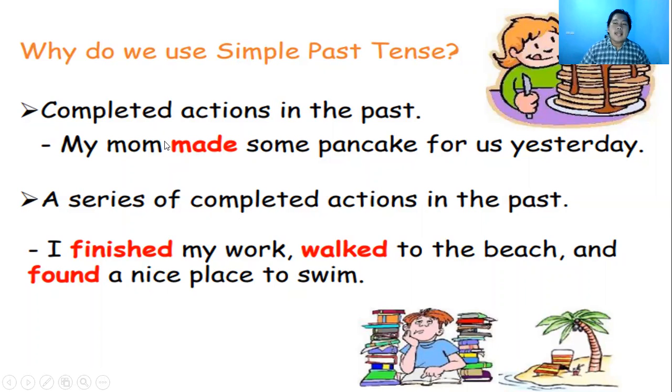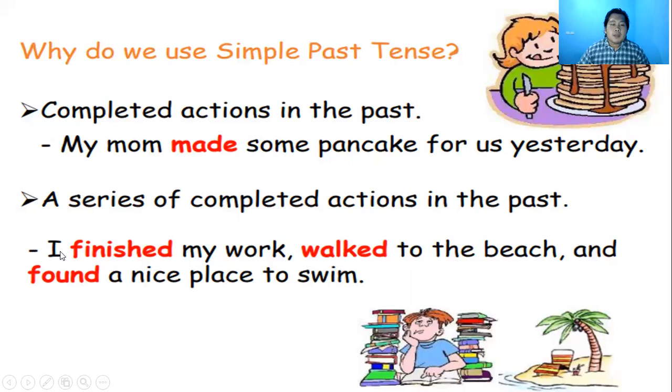Okay. Next is a series of completed actions in the past. So it is not just one verb in a sentence, but we can also use several verbs in the sentence, which is in the past tense. Again, a past tense is a completed action in the past. Completed, already done. Okay? So, for example, this one, we have here a series. When we say series, several, okay?